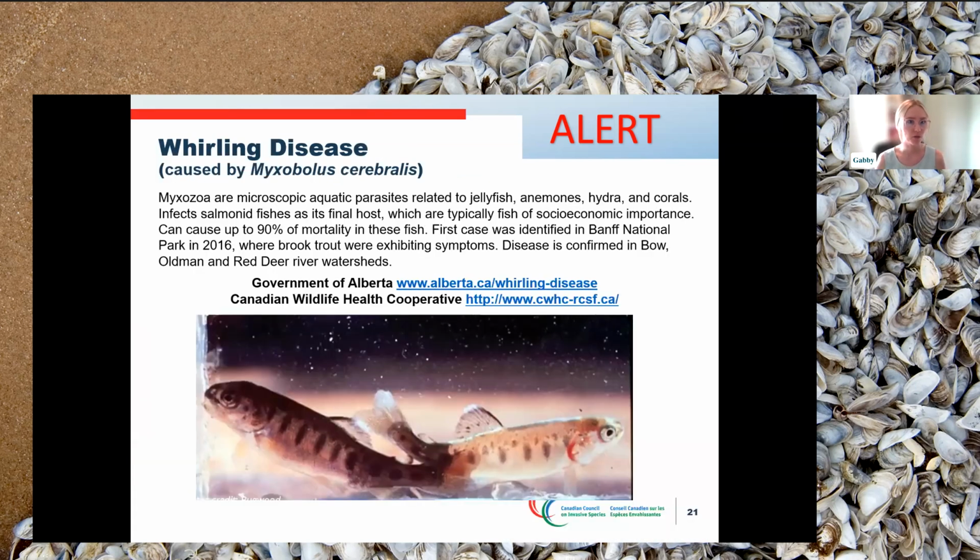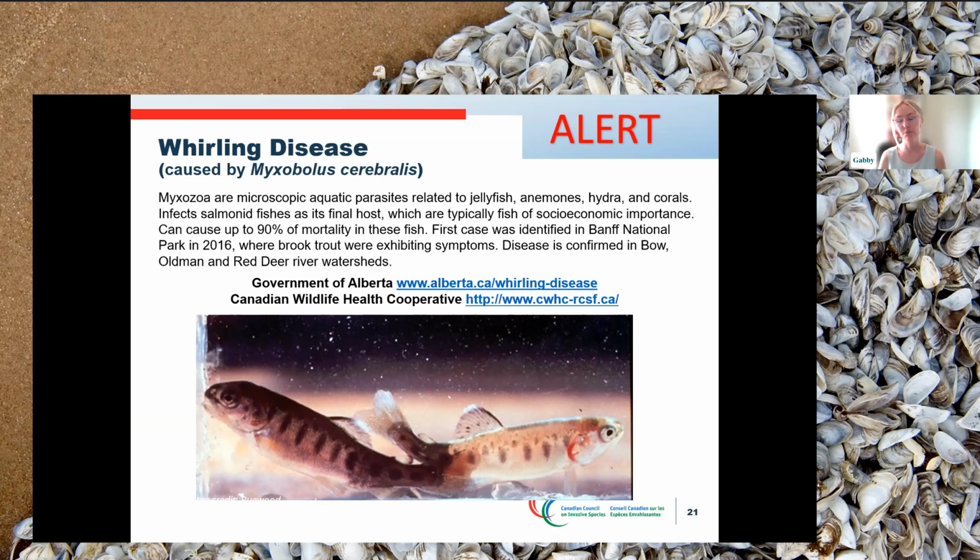So this is another really key invasive species, and it unfortunately isn't probably something that you can photograph, because it's a disease, and put on iNaturalist, but it was recognized by our chapters as an important species to identify. So Whirling Disease is currently in Alberta and in some of the watersheds there.